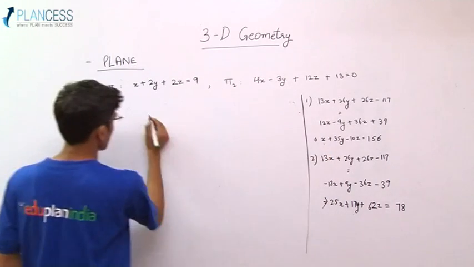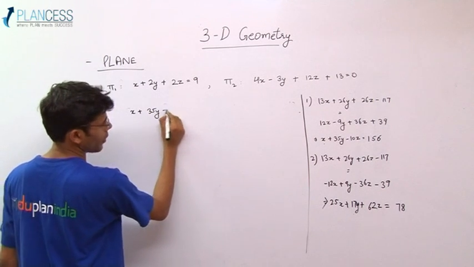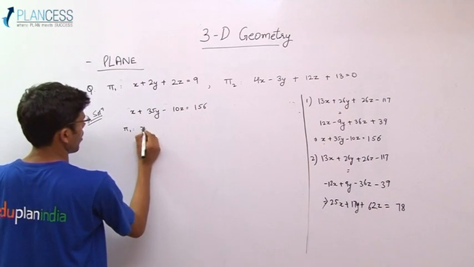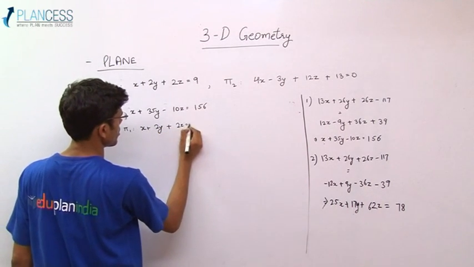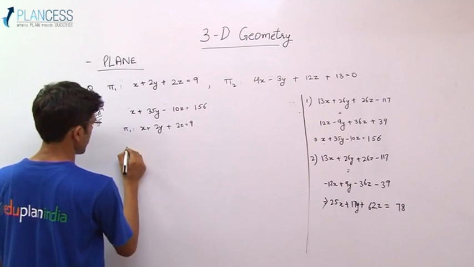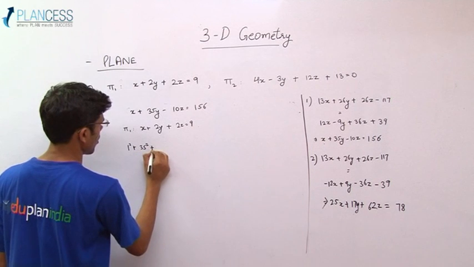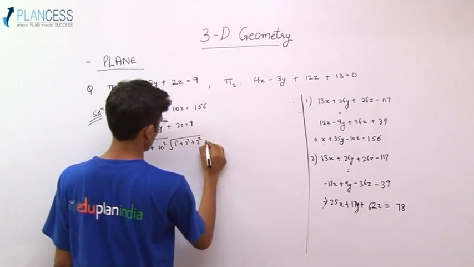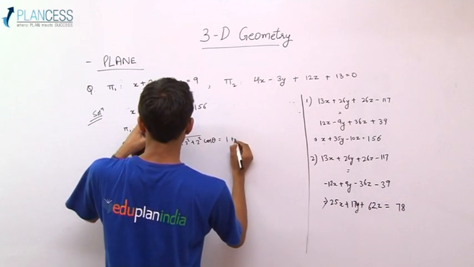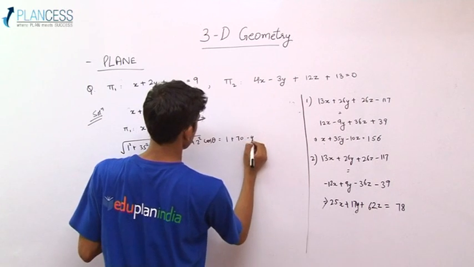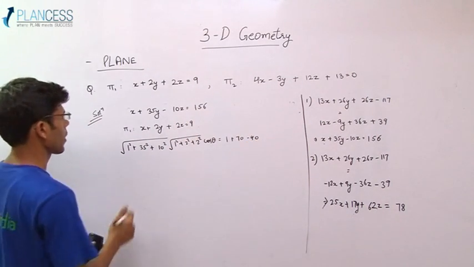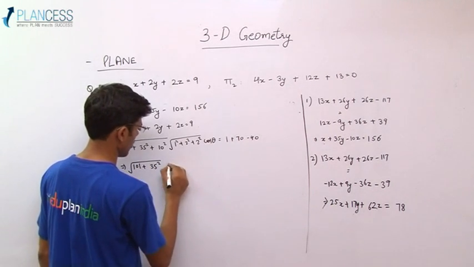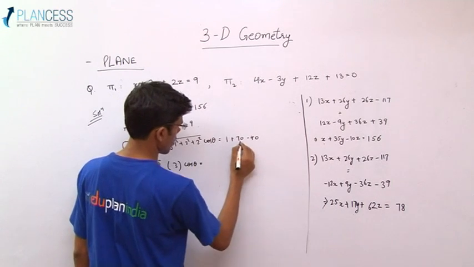So let's take this plane, x plus 35y minus 10z is 156. And let's take this pi1 plane, x plus 2y plus 2z is equal to 9. Let's find the angle between both of them. So cos theta is (1 plus 35 into 2 is 70 minus 20) over square root of (1 square plus 35 square plus 10 square) times square root of (1 square plus 2 square plus 2 square), which is 3.